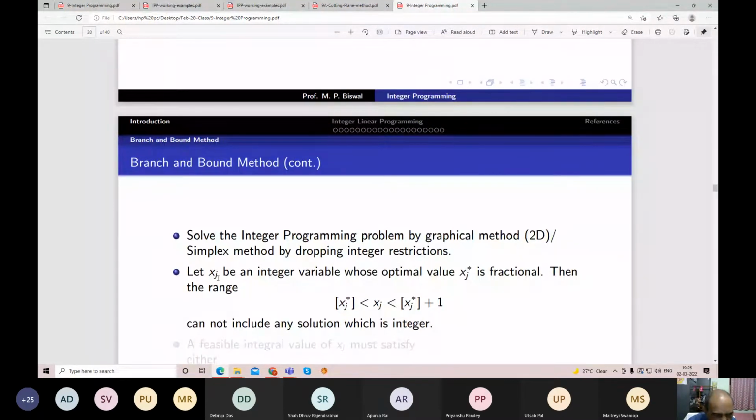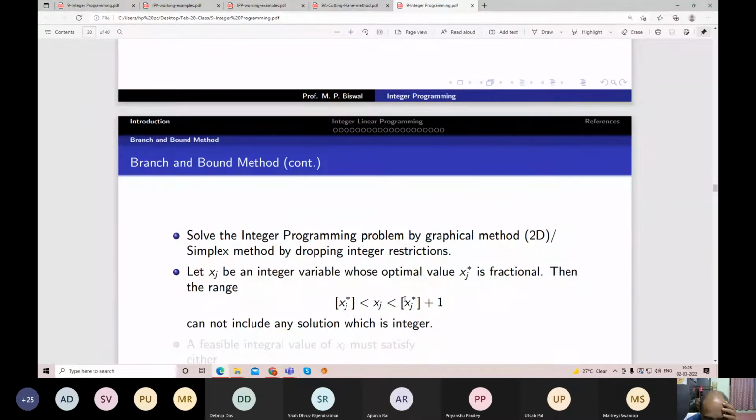Xj can be X1 or X2 or X3, an integer variable. It is supposed to be an integer variable, but the optimal value we are naming Xj star, and this Xj star is fractional. Why fractional? 4 by 3 means 1 and 1/3, and 5 by 3 is also fractional, 1 and 2/3. Then this Xj star is fractional, but Xj has to be integer.